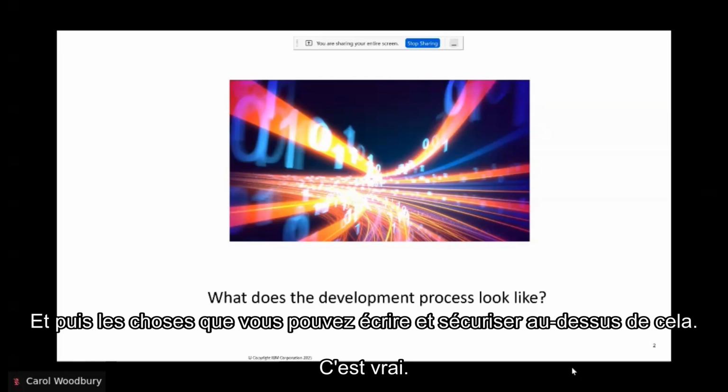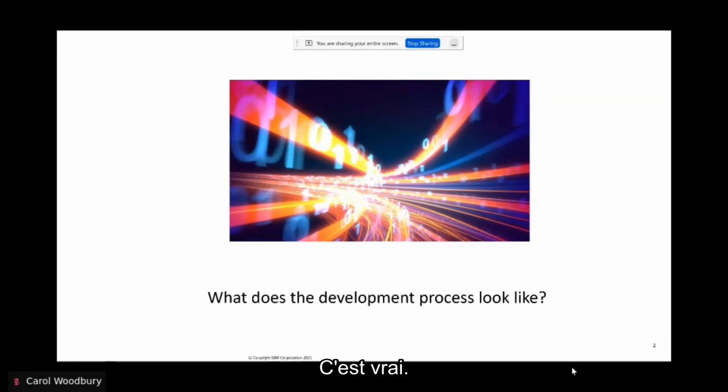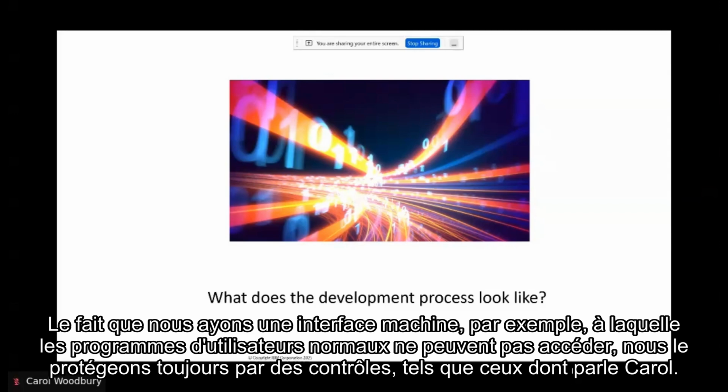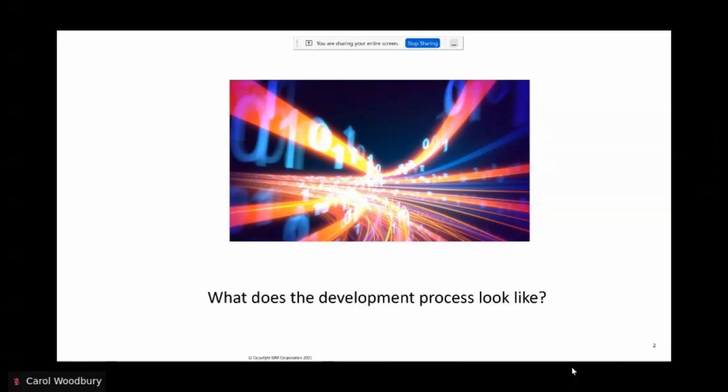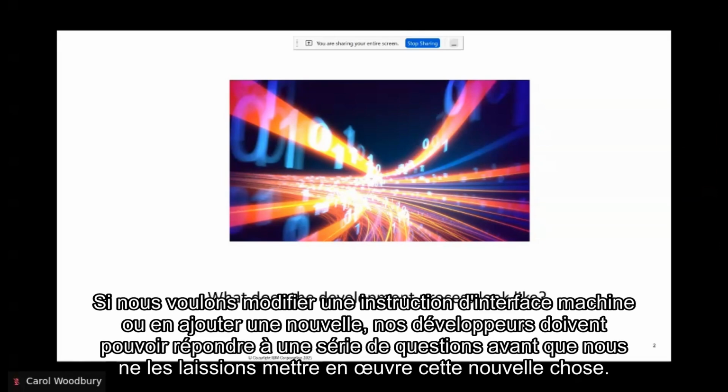The fact that we have a machine interface, for example, that normal user programs can't get to, we still protect that with reviews such as the ones that Carol is talking about. If we're going to make a change to a machine interface instruction, or if we're going to add a new machine interface instruction, there are a set of questions that our developers have to be able to answer appropriately before we will let them go and implement that new thing.